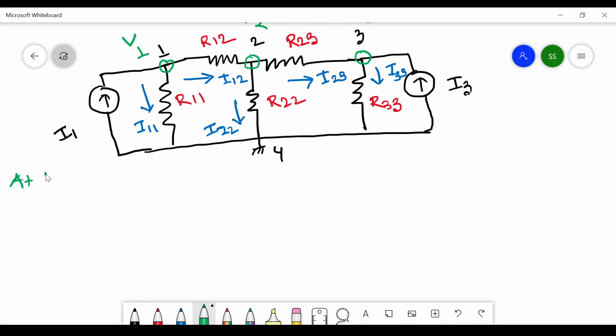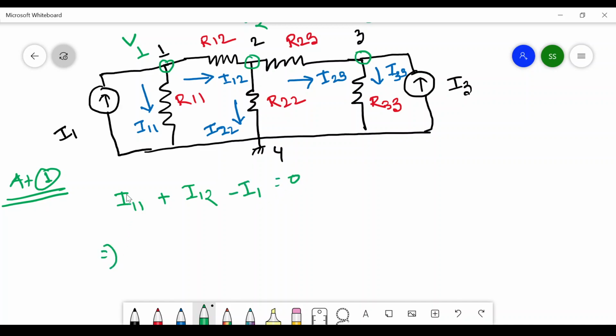Whenever currents are going away, they are positive, and which is entering, that will be negative. So I can write I11 plus I12 minus I1 equals 0.